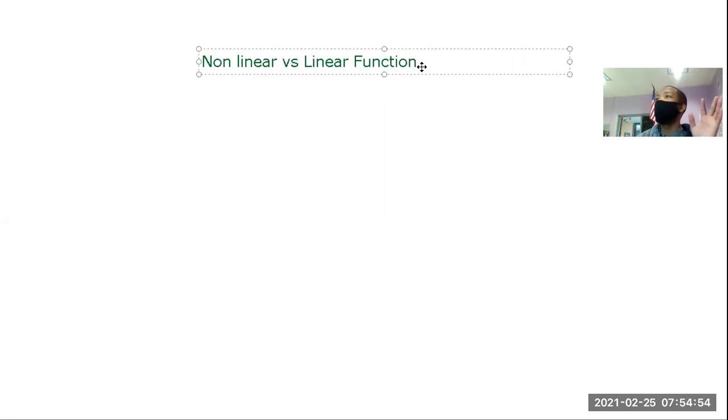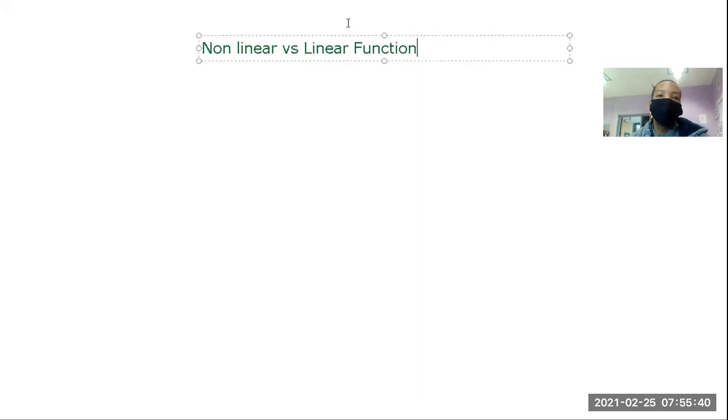Now we're looking at what makes it nonlinear from linear. Does anyone have any idea what makes something linear? When we talk about linear and nonlinear, we're not talking about equations. We're talking about linear functions and nonlinear functions.